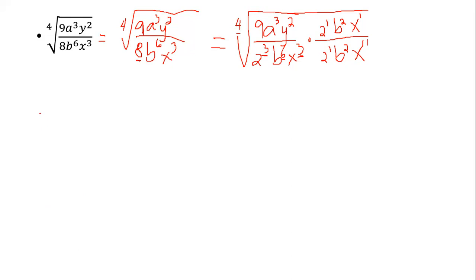Okay. So, let's multiply. We have the fourth root of. So, pwede na po natin paghiwalayin yung ating numerator at saka denominator. So, 9 times 2, that is equivalent to 18.